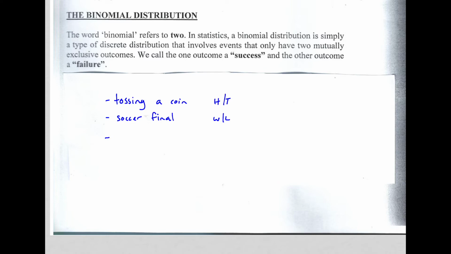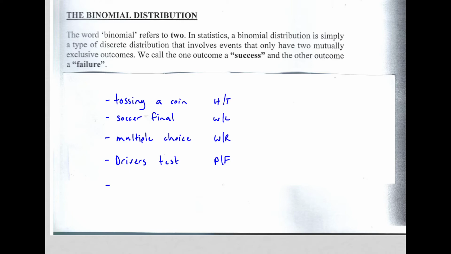Then a multiple choice test is another example of binomial distribution, because you're either wrong or right with your answer. Your driver's test: some of you might have already been for a driver's test, and most of you are still going to go at some point, either this year or next year. In a driver's test, you either pass or you fail. And then rolling a dice.